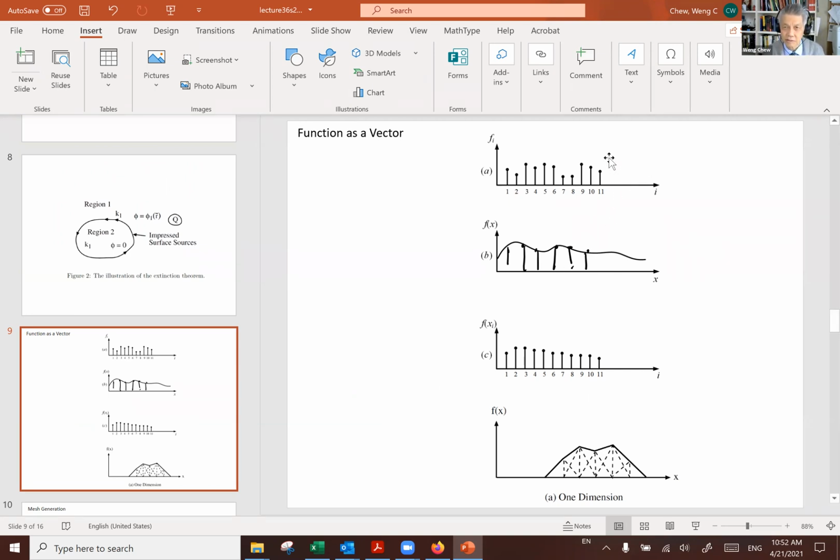So this function is being represented by a vector inside the computer. So you can think of this function when it's digitized becomes that function over there, which is essentially a vector.